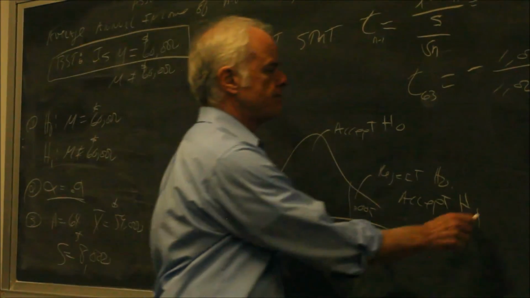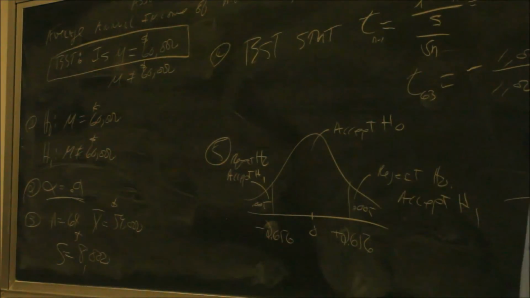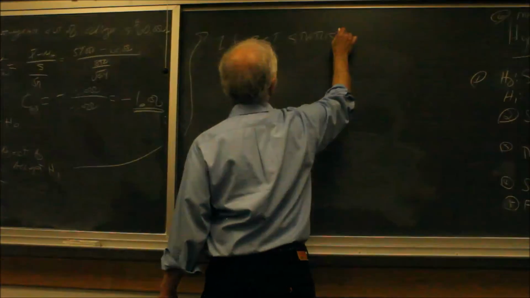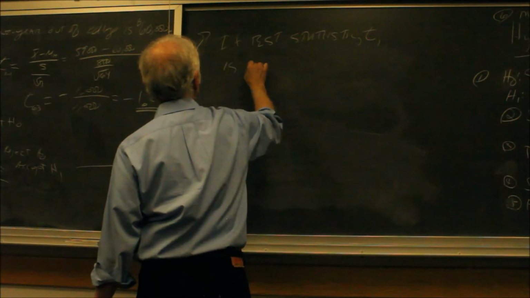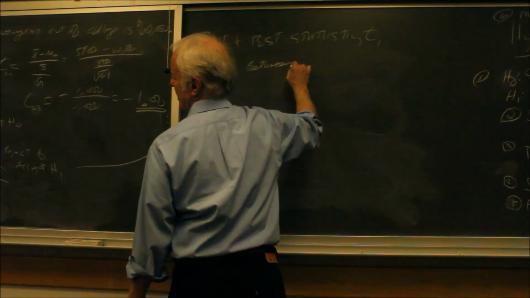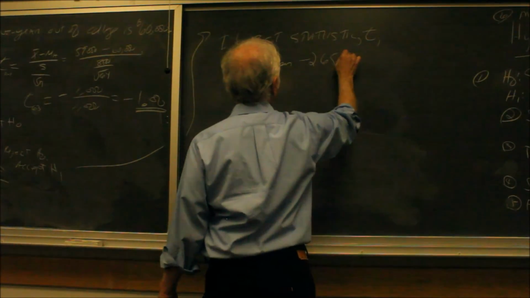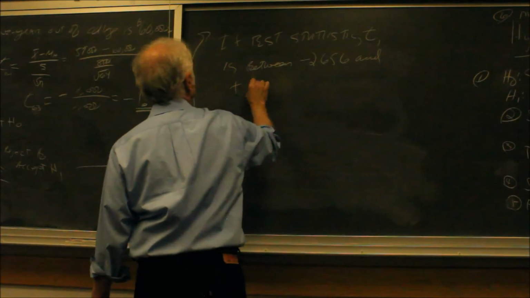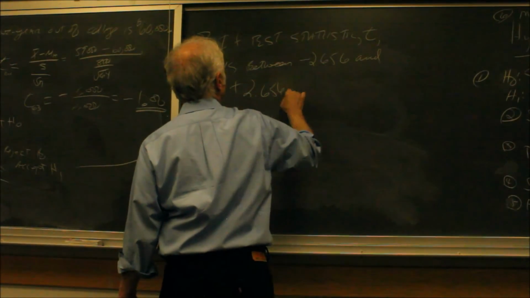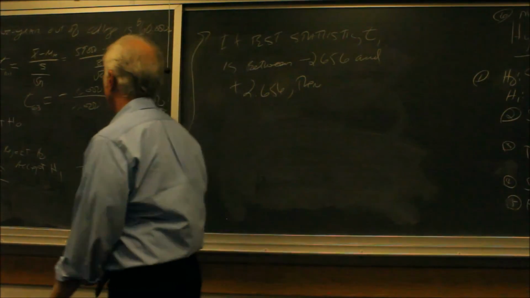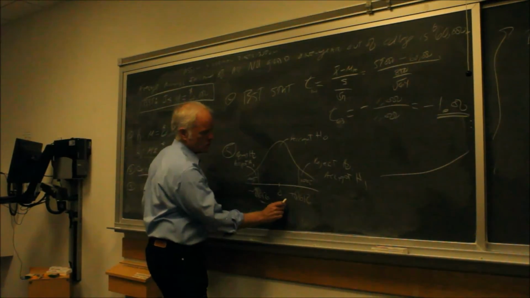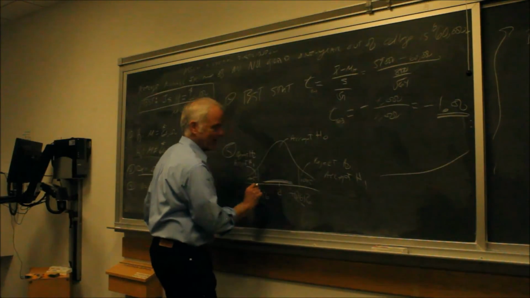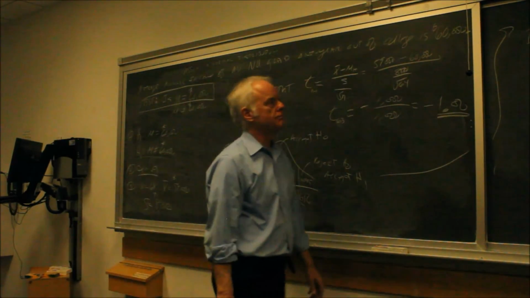And so what does this say? This says if test statistic T is between minus 2.656 and plus 2.656, meaning it's in this area here, what do we do? Accept H0.